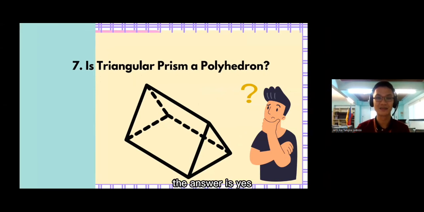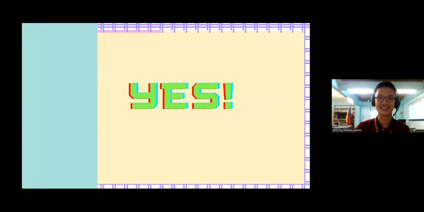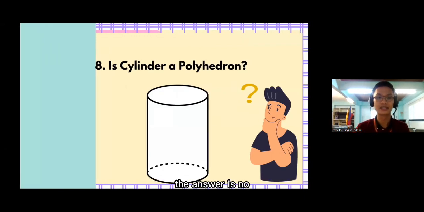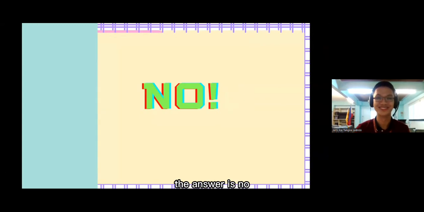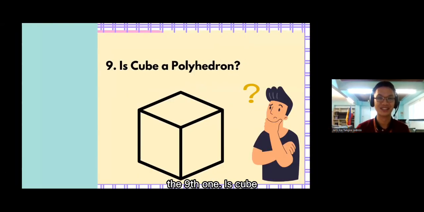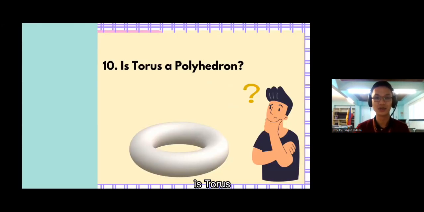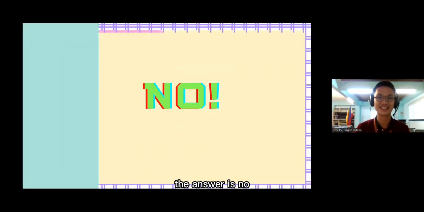The answer is yes. Number 8, is cylinder a polyhedron? The answer is no. The 9th one, is cube a polyhedron? The answer is yes. And lastly, is torus a polyhedron? The answer is no.